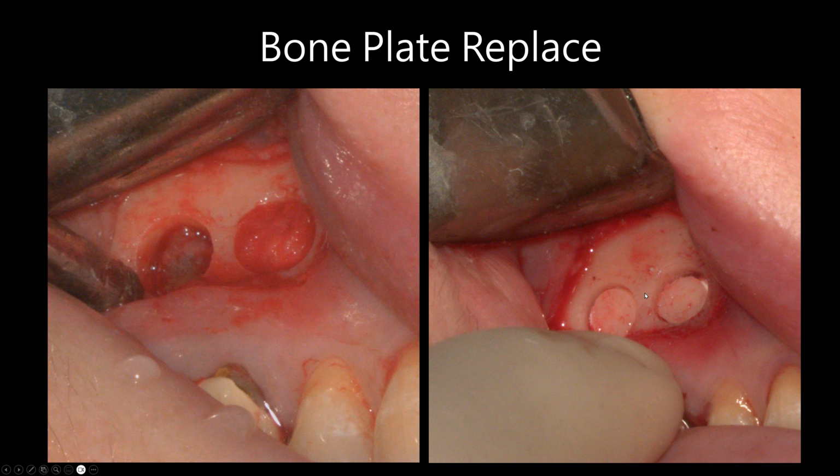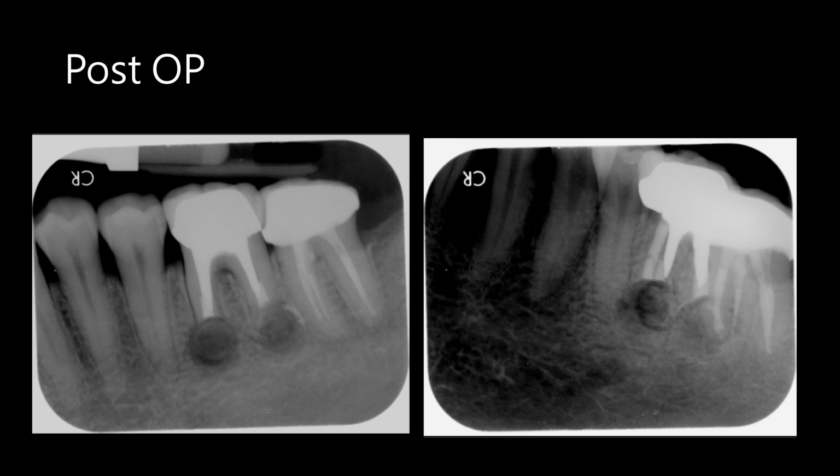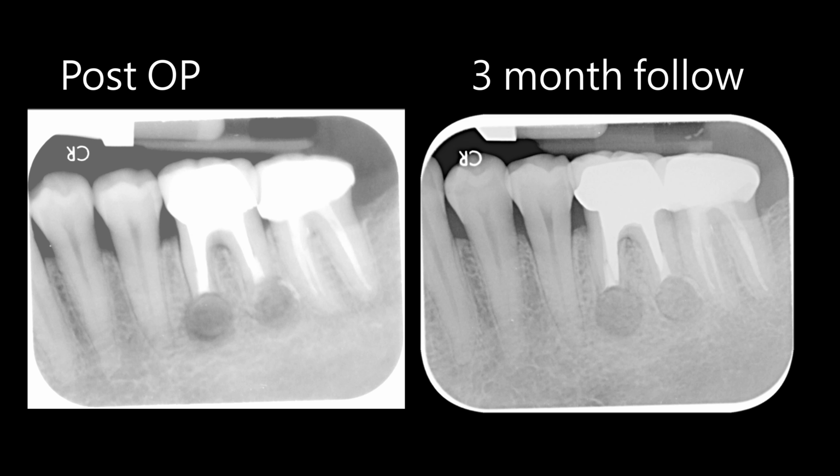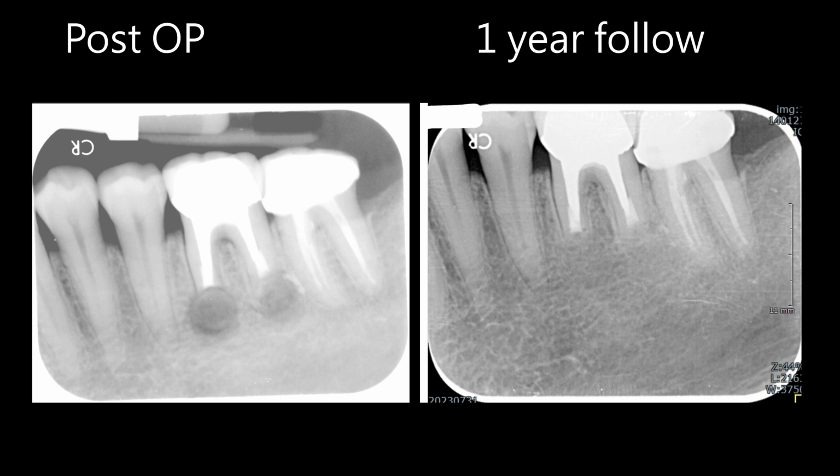And I always put the bone plate back. I will not put bone graft there because the bone plate is fine. So here is the post-op, and the 3 months, 6 months, and 1 year follow-ups are fine.